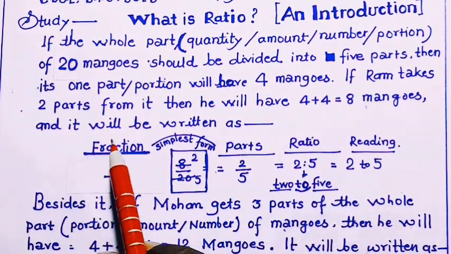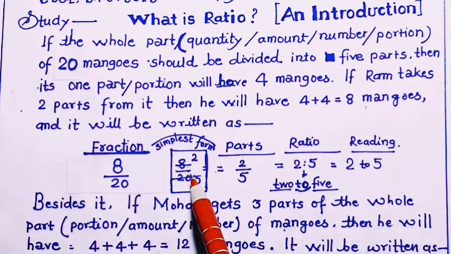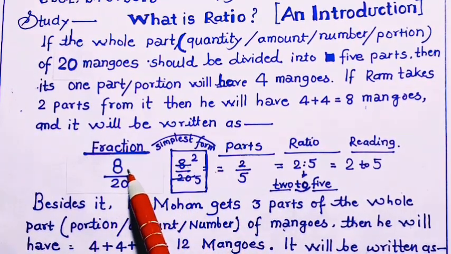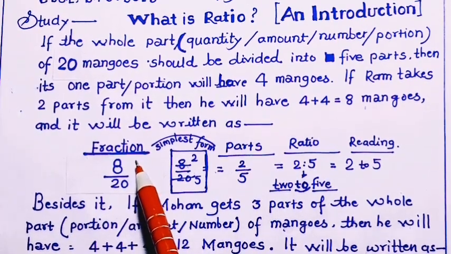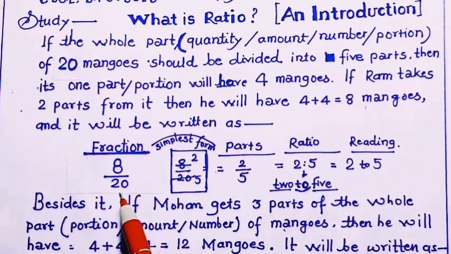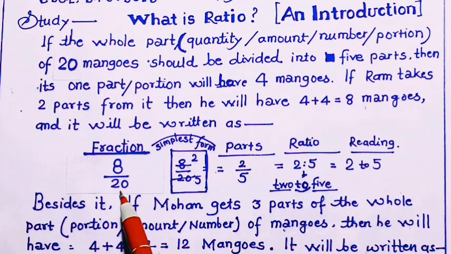And it will be written under the fraction. The fractional part of the 20 mangoes will be written in this way: 8 by 20.